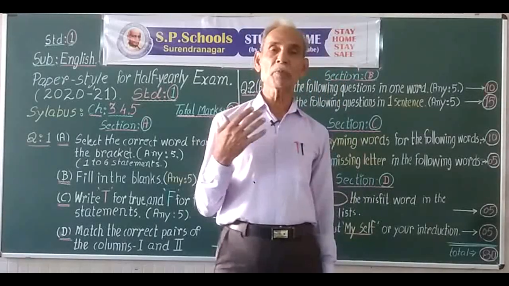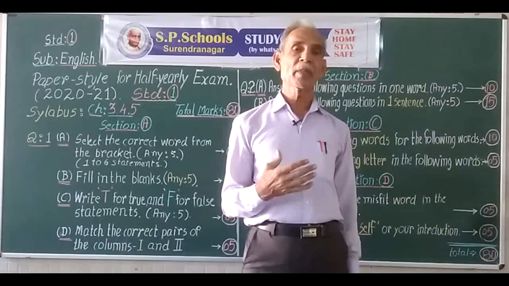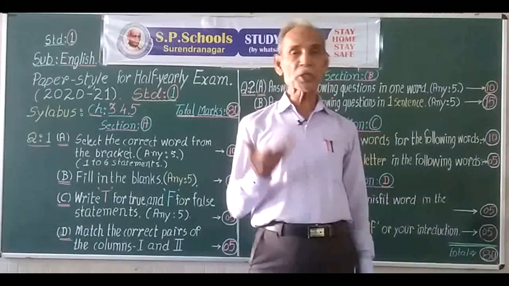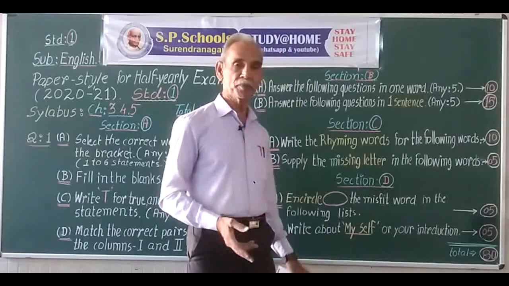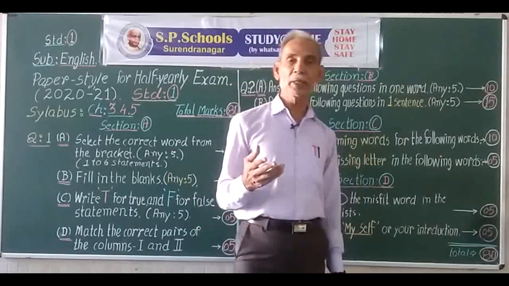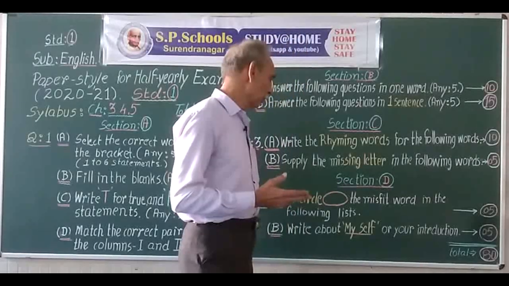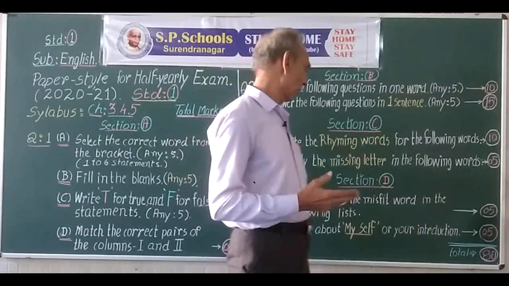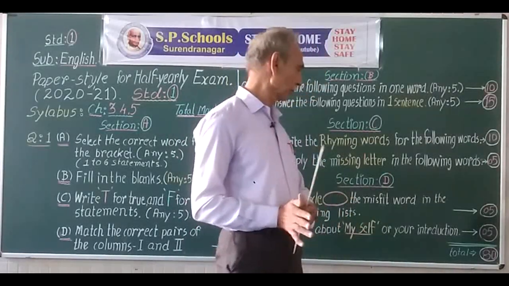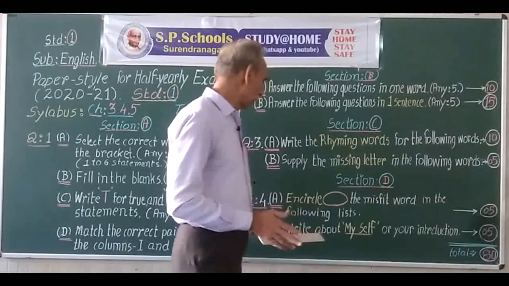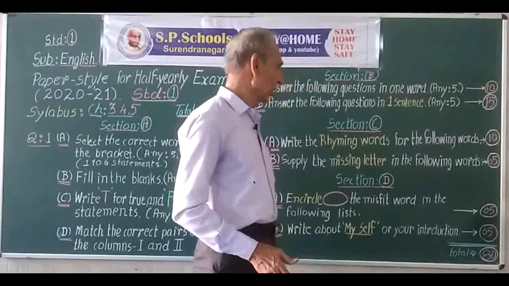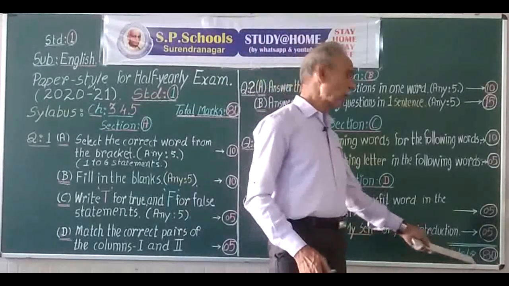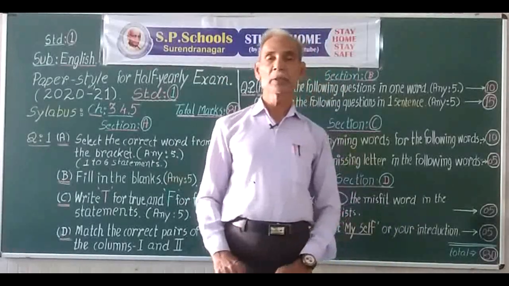To write about yourself or your introduction means one and the same. These two things are not different. This will give you 5 marks. Totally, there will be 80 marks.